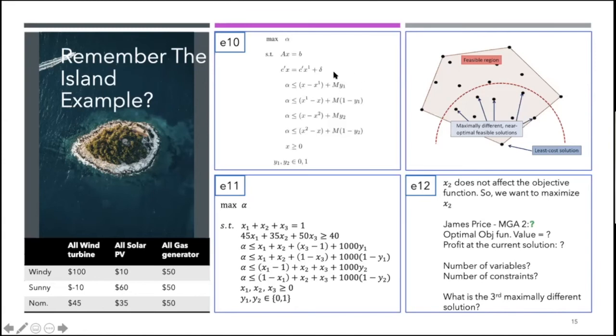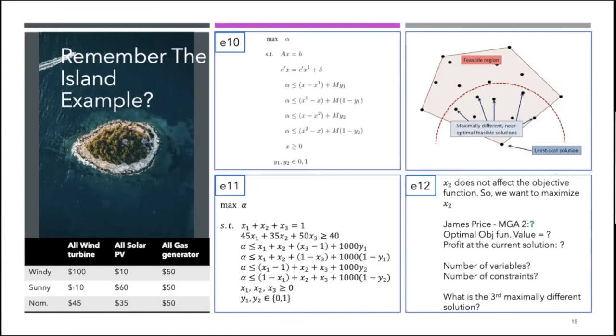If you get rid of both of these components of these constraints, what is essentially going to happen is, for example, say you do not have these two components and the optimal value of x1 is 1. Now we want to maximize alpha. So alpha has to be less than or equal to x minus x1, which is x minus 1, and alpha has to be less than or equal to 1 minus x.